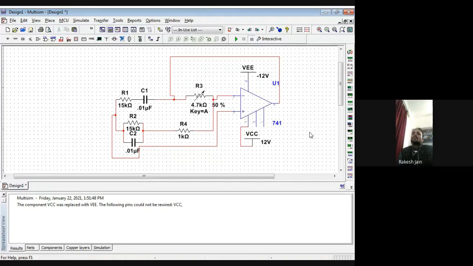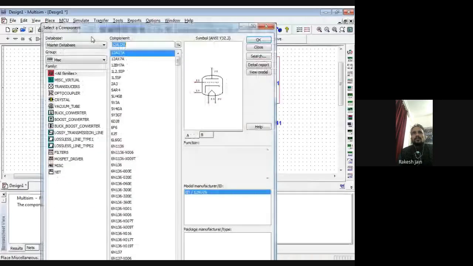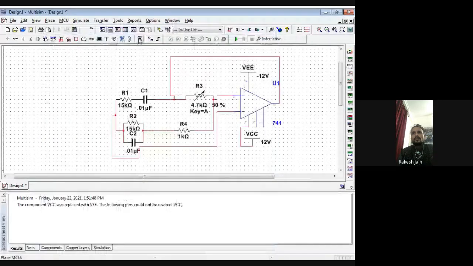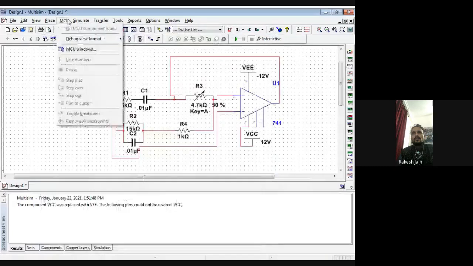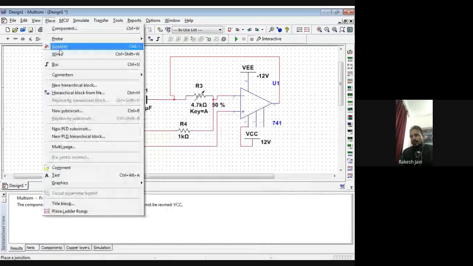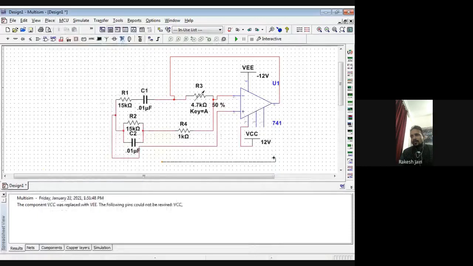Then we connected this operational amplifier points. Then we have to see the output for this circuitry. So the output will be taken in between, and we have to choose a wire for that, because we have to take the output.